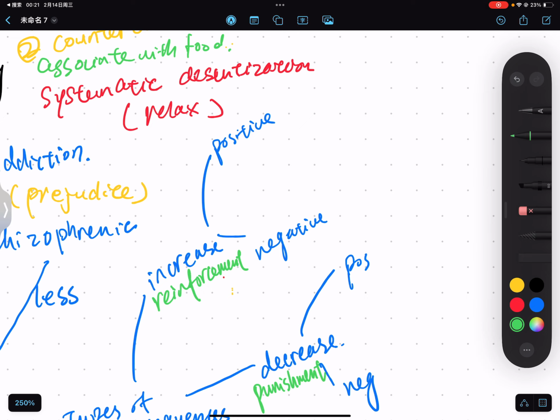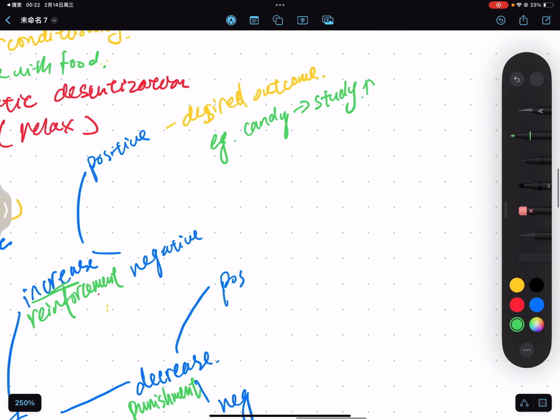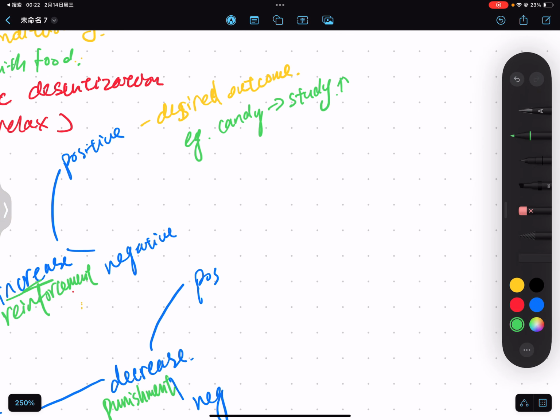Positive reinforcement is to increase the frequency of a behavior by adding a stimulus with a desired outcome. For example, I want you to study more, so I will give you candy. This is positive reinforcement. I want to increase the behavior of studying, and this is a really strong method.